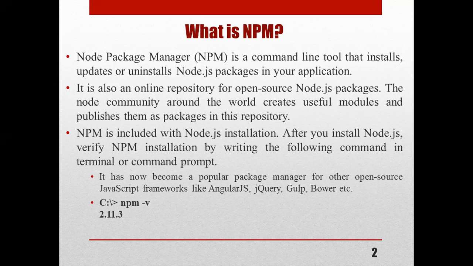Here, npm is included with the Node.js installation. Whenever we install Node.js, npm is included in that installation. After we install Node.js, verify the npm installation by writing one command to check the version of npm we have installed, that is npm space dash v.